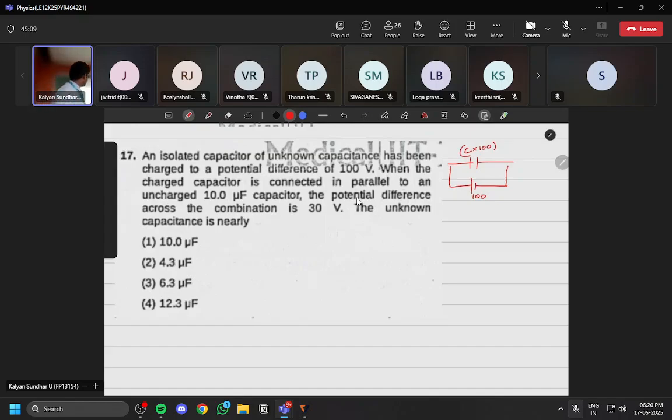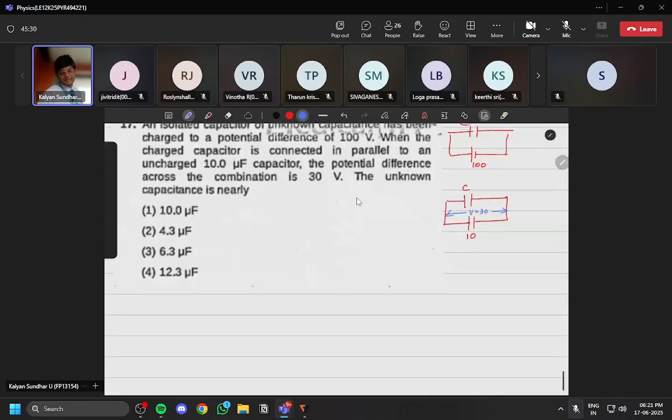Right. Now when the charged capacitor is connected in parallel to an uncharged capacitor, this C is being connected with an uncharged capacitor whose value is 10 microfarad. I just mentioned it as 10. Now this common potential is 30, right?